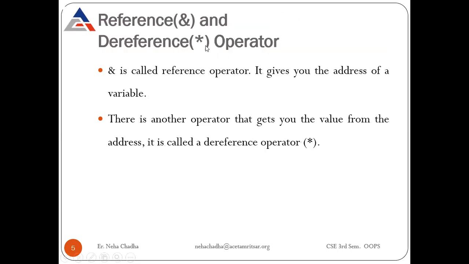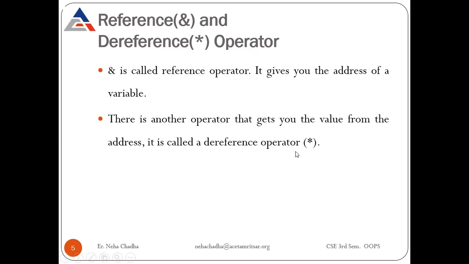The reference and dereference operator. Here we will use two operators to access the pointers. Firstly, if we are concerned with the address of the variable, then we will use the reference operator, which is denoted by the ampersand sign. The dereference operator is another operator that gets the value from the address.